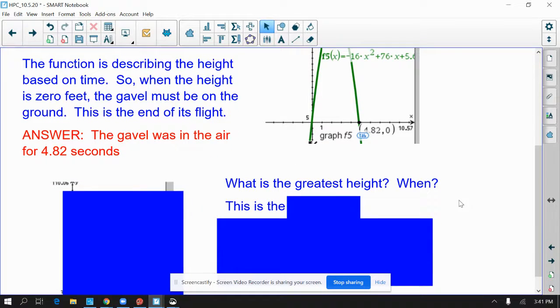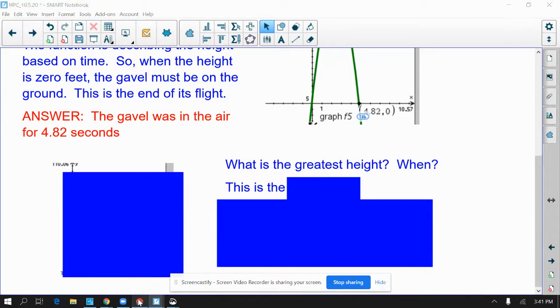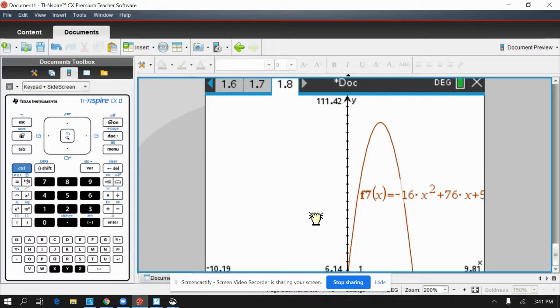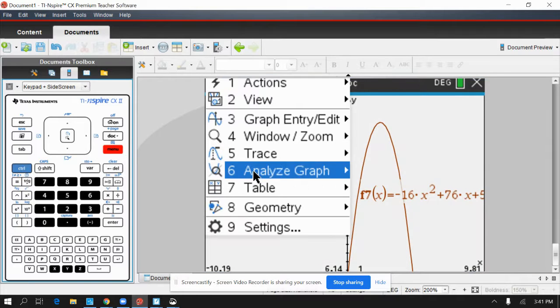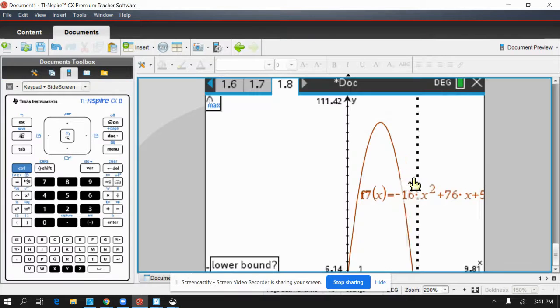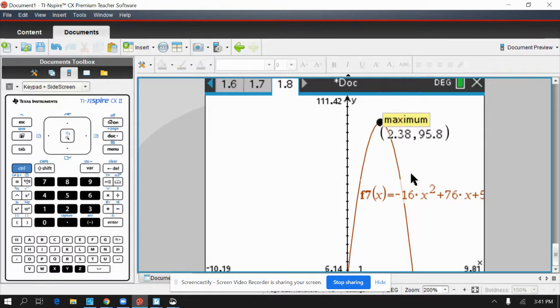Now, the second question, what's the greatest height? Well, that is, of course, the maximum. So I would go back here and find the maximum y value. Remember, the y value represents the height, and the maximum y value was 95.8 feet. It went up 95.8 feet. She's got an amazing arm. And that occurred when x was 2.38.